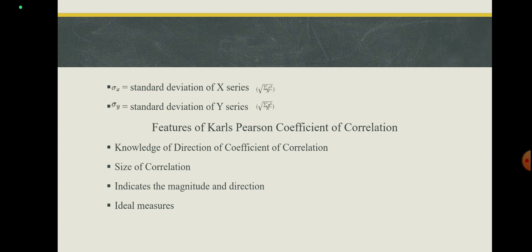Then, it indicates the magnitude and direction. This method not only specifies the magnitude of correlation between two variables, but also its direction. If two variables are directly related, then the correlation coefficient between them will be a positive value. However, if two variables are inversely related, then the correlation coefficient will be a negative value.